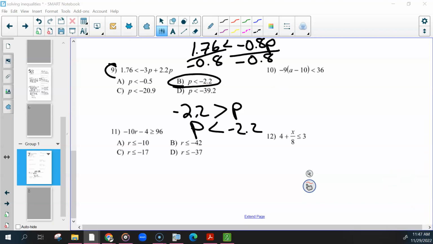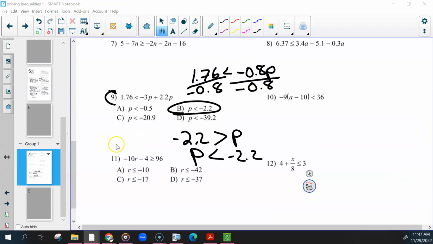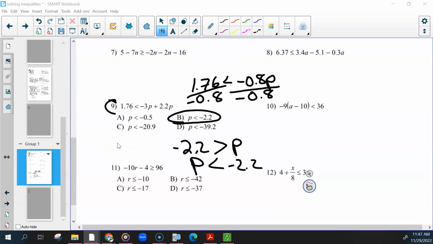Okay. So I'm going to draw a makeshift graph up here. If negative 2.2 was in the middle, I could just pick two numbers. It doesn't have to be like 5. It would be in between negative 2 and negative 3. So this would be an open circle going to the left.